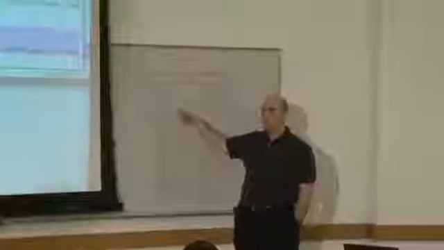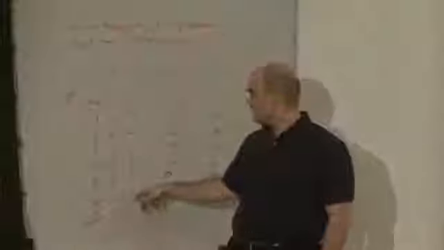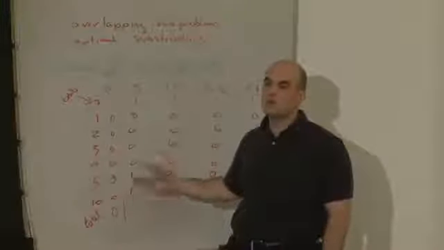What's that? Here? This one? There's only one way to make 10 with 5s. Because if I had a 1 piece here, then this would be 2.